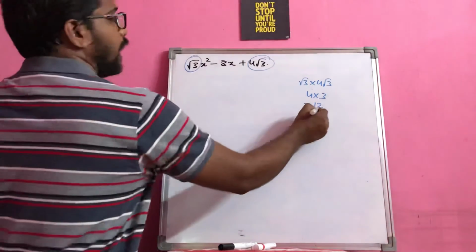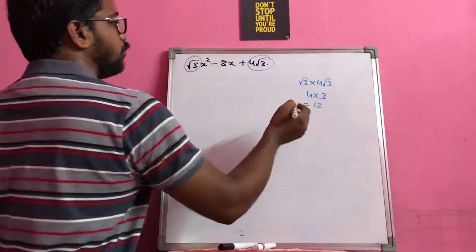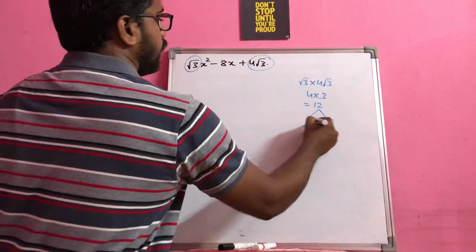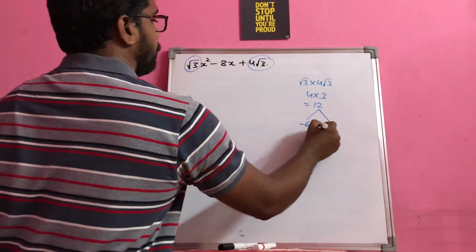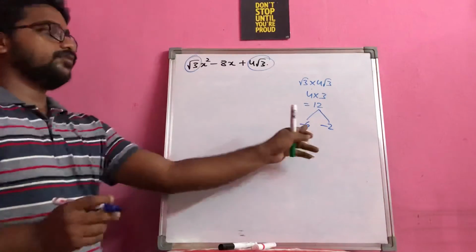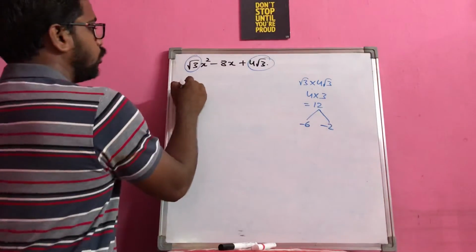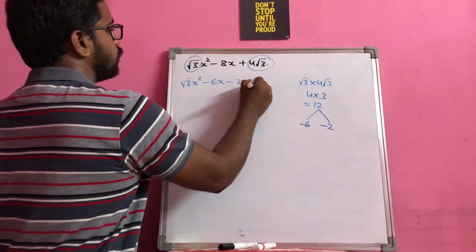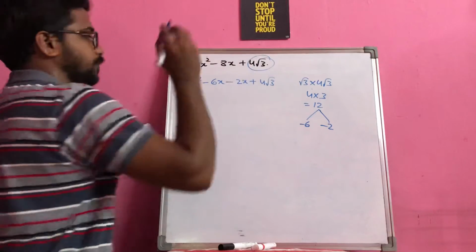Now you have to factorize the 12. So 12 can be written as 6 into 2, and my requirement is minus 8, so minus 6 minus 2. So root 3 x square minus 6x minus 2x plus 4 root 3.